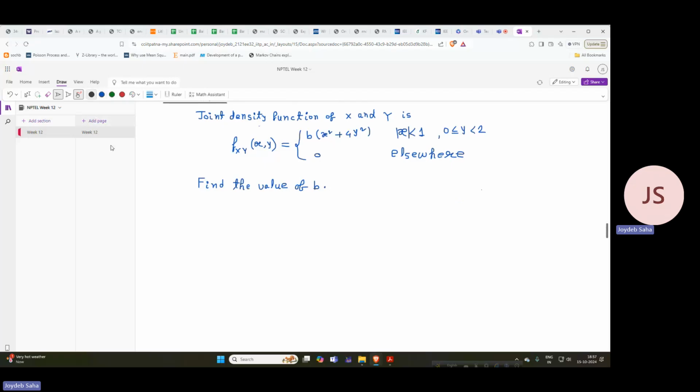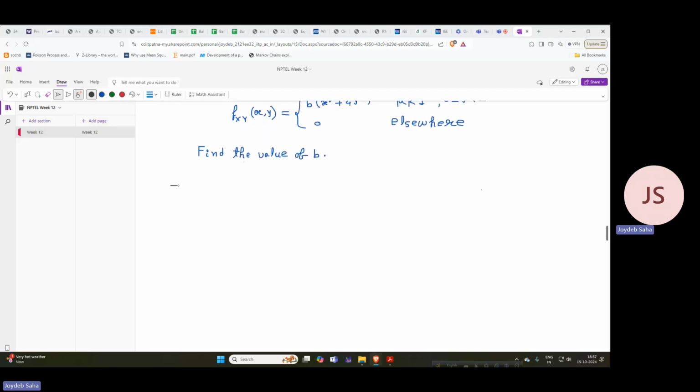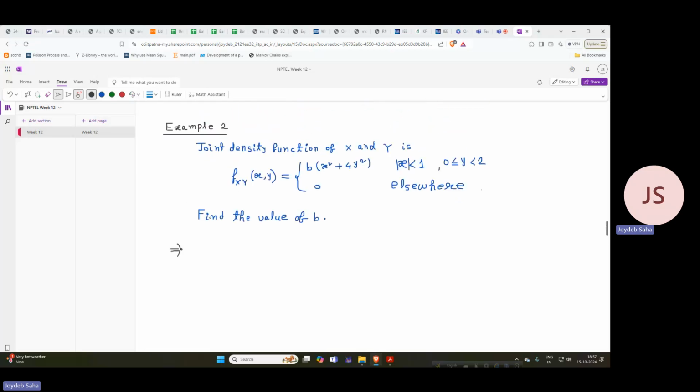Okay, so how to find this? First look at the question and read the question carefully, then we will proceed for the solution. Is there any confusion or any query regarding the question? Understanding the question is very important, right?